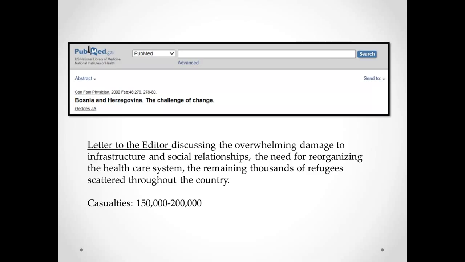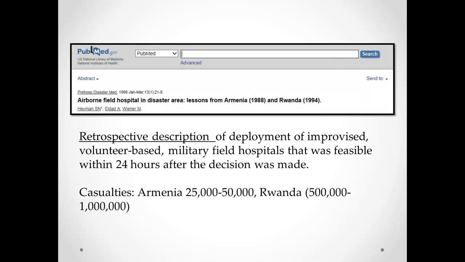This is from the Bosnian disaster or massacre that had about 150,000 to 200,000 casualties. It is just a letter to the editor that expresses someone's opinion calling for action. So that's one type of publication that you can consider writing at this point.